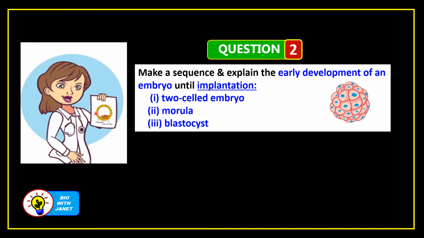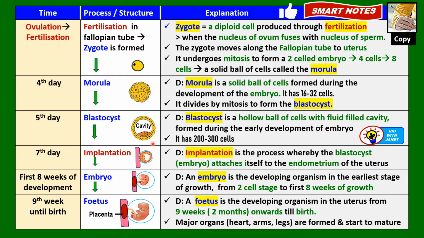In this picture, you see the blastocyst, a ball of cells with a hollow center that is fluid-filled. Straight away, I want to give you this table, which is part of my smart notes, so that it's easy for you to see the sequence of events and the names of the stages in the development of the embryo and fetus.